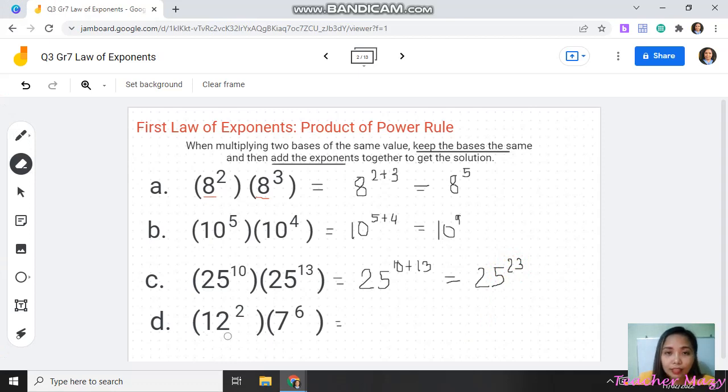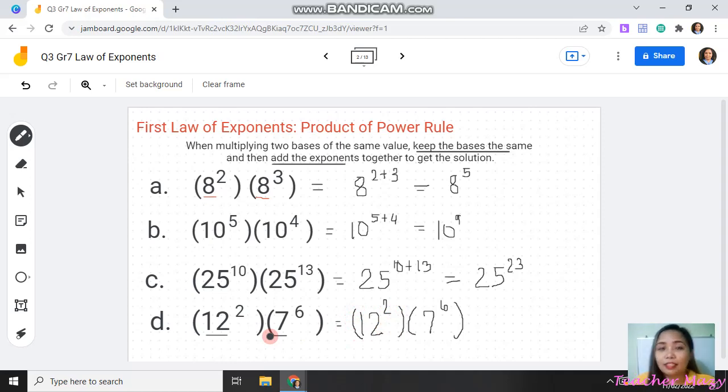So, as you can see in letter D, their bases are different. For this one, the base is 12 and the other one is 7. That means we cannot apply the first law of exponents or the product of power rule in this given. So the answer is the same. We cannot add their exponents since they have different bases.